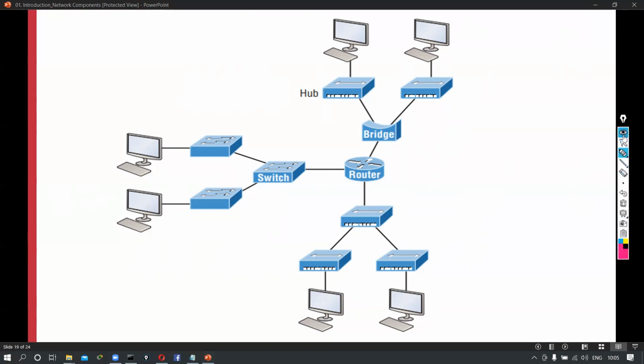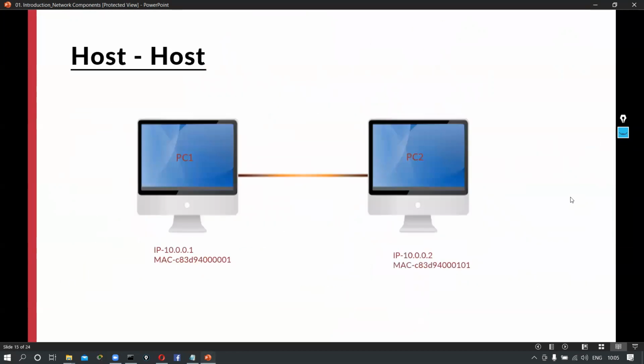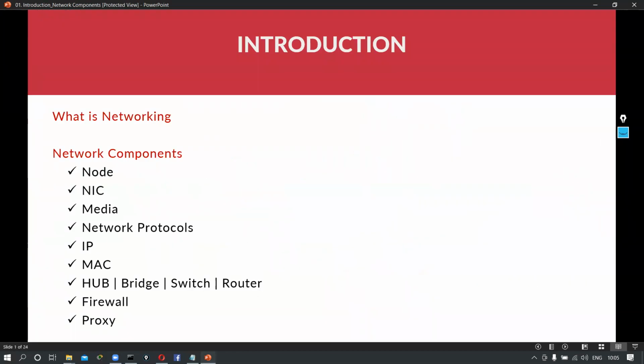Right. What did we discuss today? Today we discussed what components are required to form the network. Your LAN card has 2 addresses, MAC address and IP address. MAC address is how many bits, in hexadecimal, how many hex numbers.